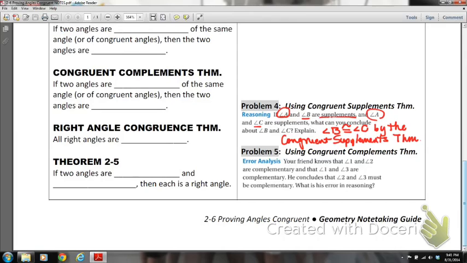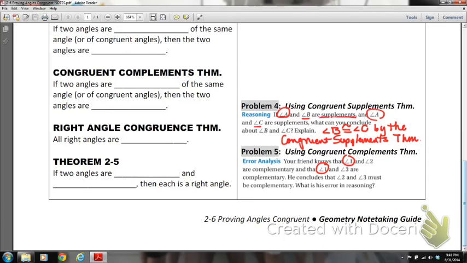And similarly, problem 5 is using the congruent complements theorem. It says your friend knows that angle 1 and angle 2 are complementary, and that angle 1 and angle 3 are complementary, and he concludes that angle 2 and angle 3 must be complementary. What's the error in his reasoning? We have 1 and 2 that are complementary, and 1 and 3. So we have angle 2 and angle 3 that are both complementary to the same angle, angle 1.